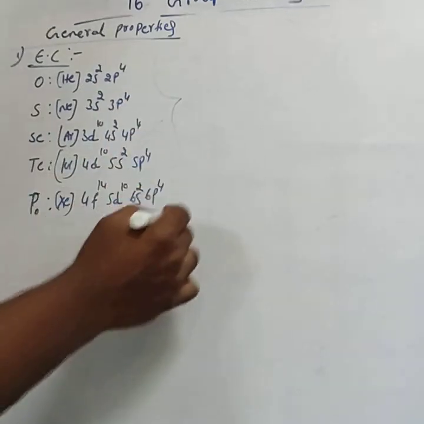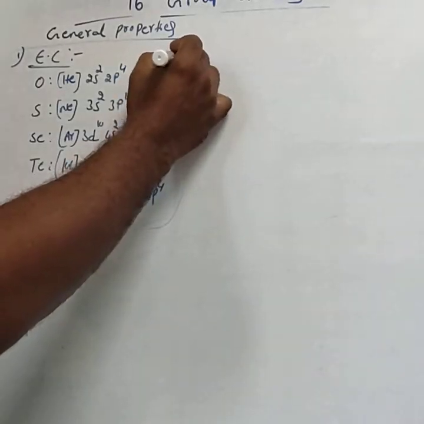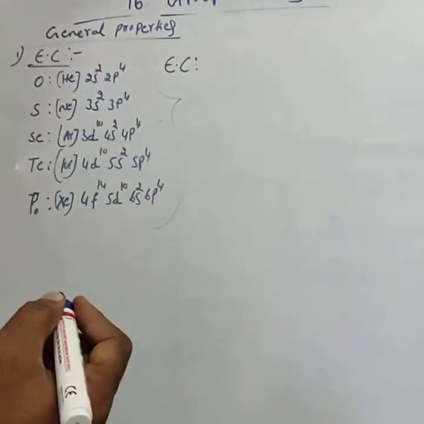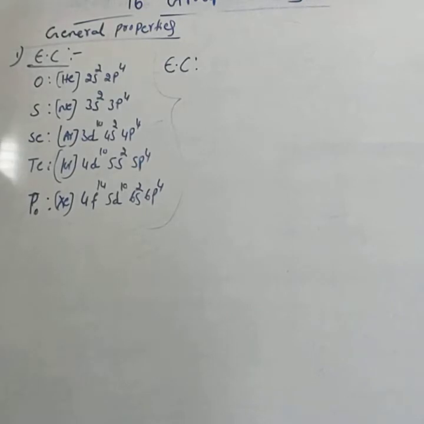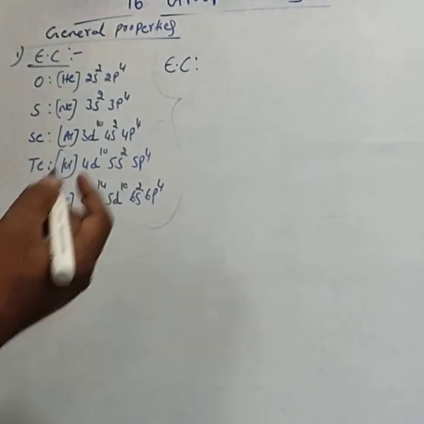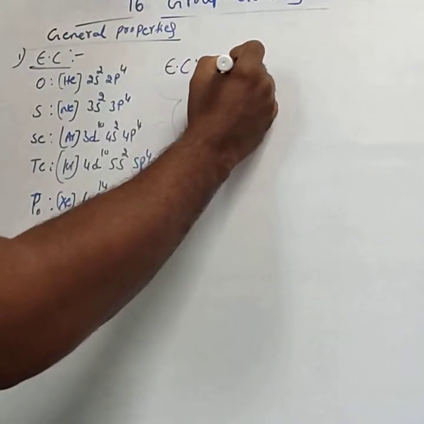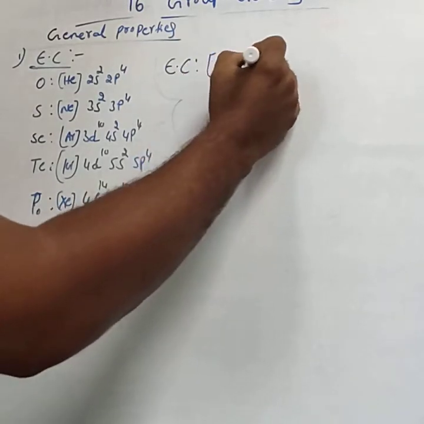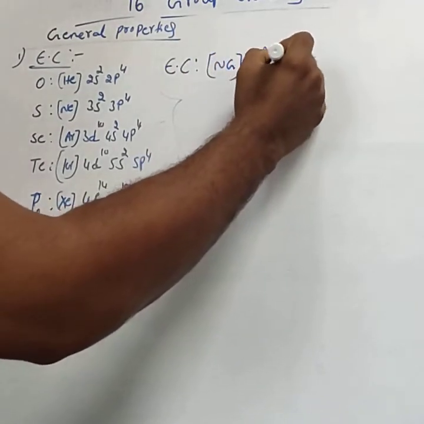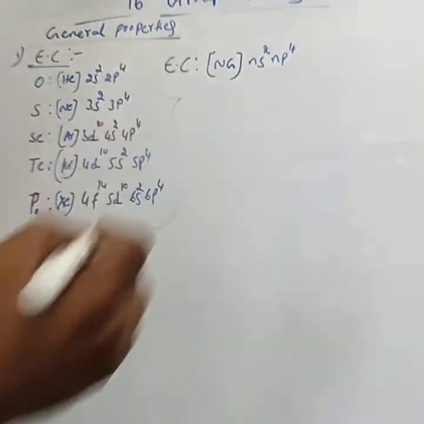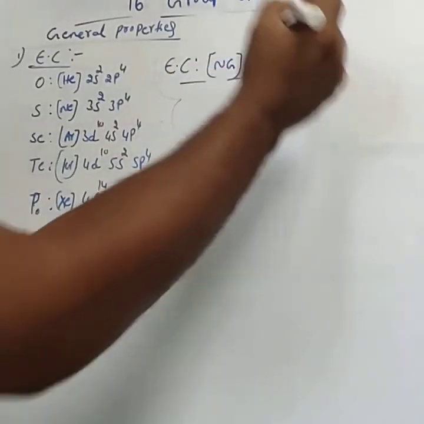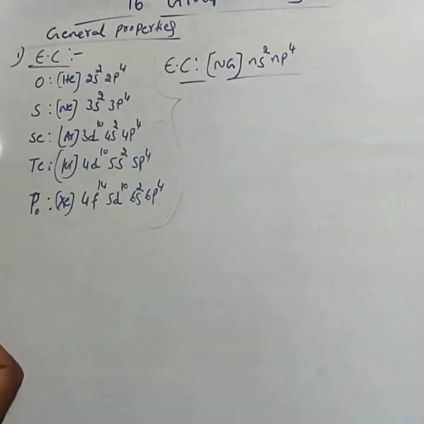So the general electronic configuration of the 16th group elements is noble gas ns2 np4.